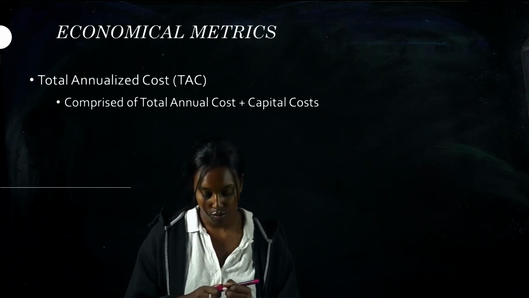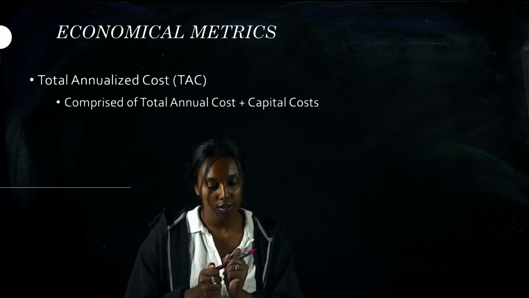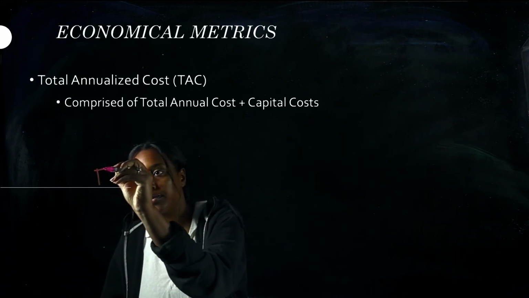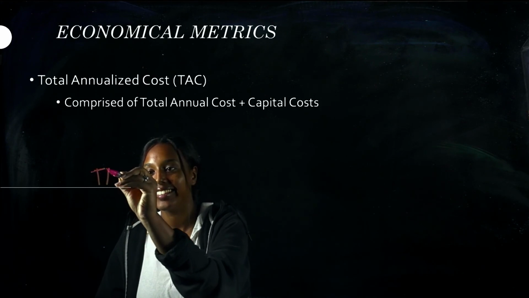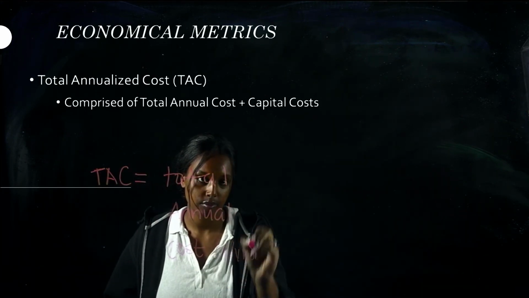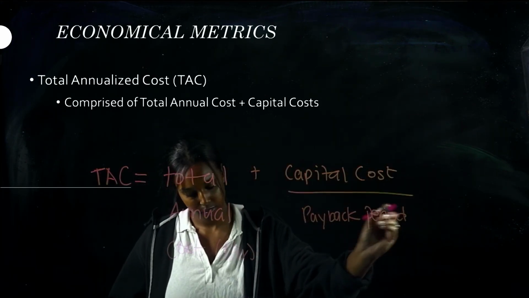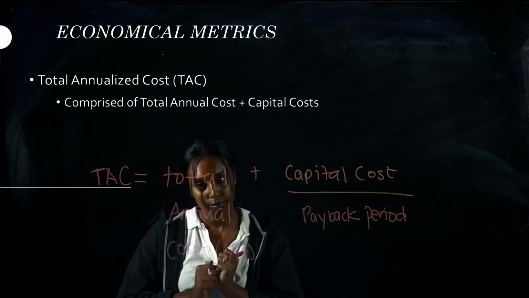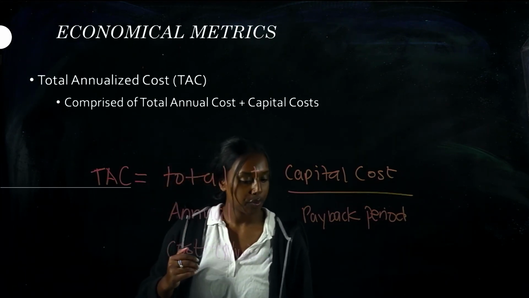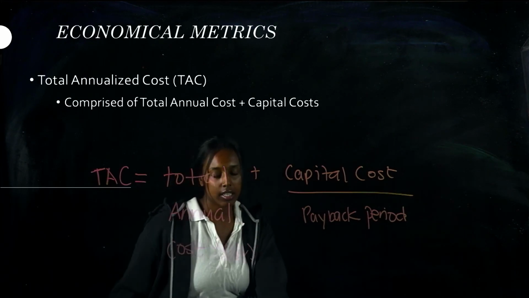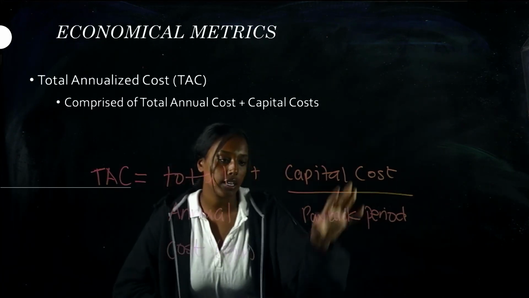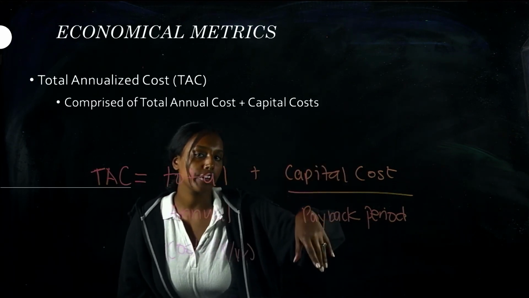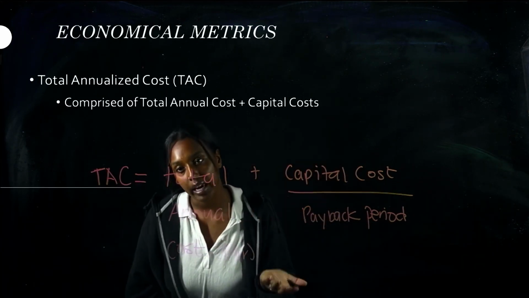And just to write out the formal equation, not the definition. So the total annual cost is, as I mentioned, your utilities, for example, those type of costs, and then your capital costs. Here you guys can see that I've divided it by something called the payback period.